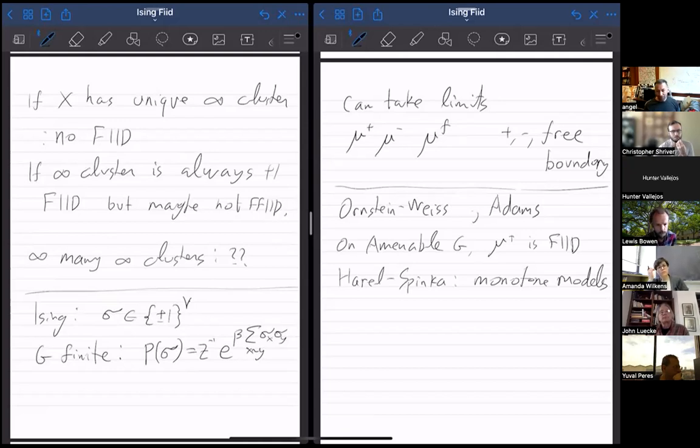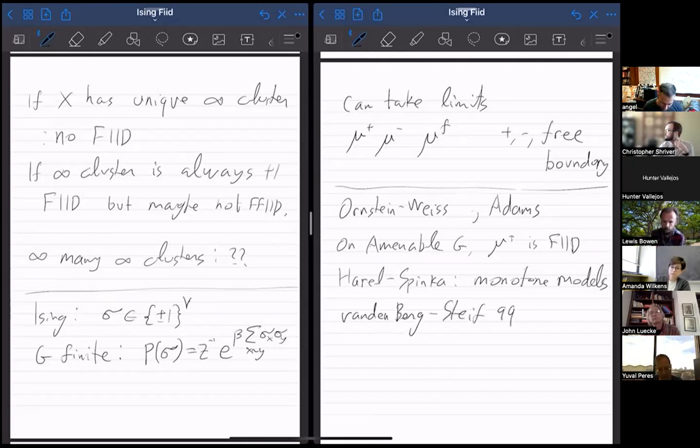But for finitary factors of IID, it turns out that there is a more interesting picture, and this was highlighted by van den Berg and Steif.